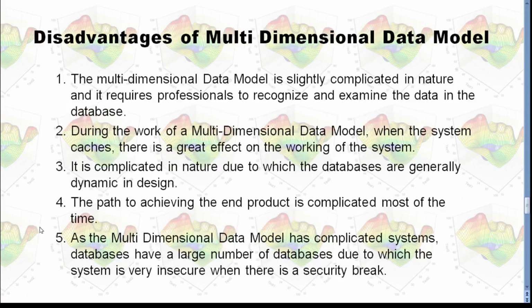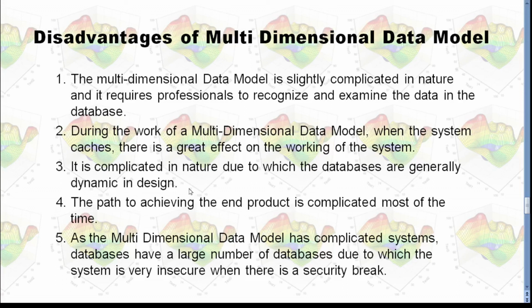Also, there are several disadvantages of this multidimensional data model. I think the main point is it is complicated in nature, due to which the databases are generally dynamic in design.